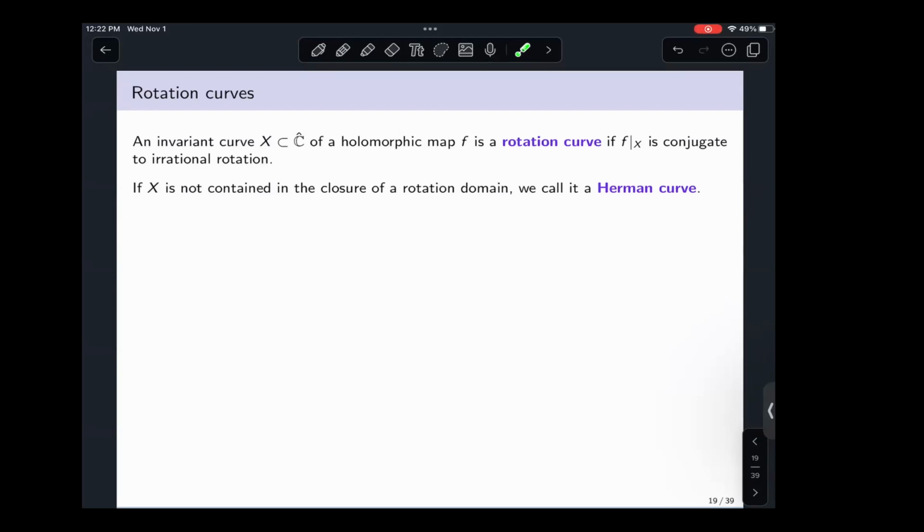And we can get rotation curves out of invariant curves of rotation domains. That is something that we know already. On the boundary as well, if the boundary is regular, if the boundary is a Jordan curve or a quasicircle, the dynamics is also going to be rotational. But we can also have rotation curves that are not inside the closure of a rotation domain. And here I'm going to call it a Herman curve.